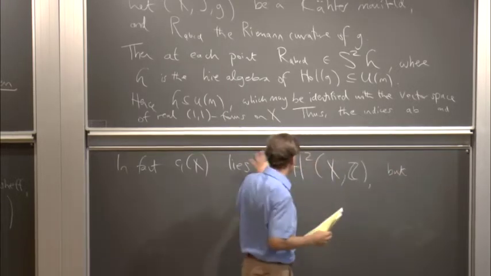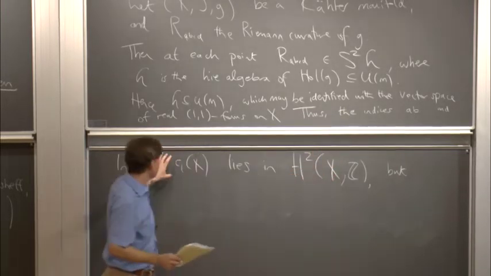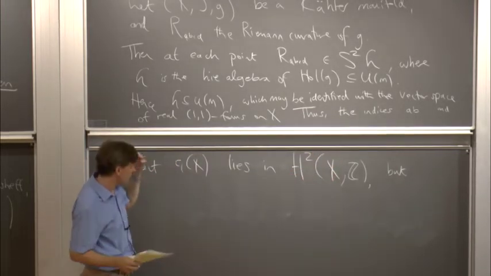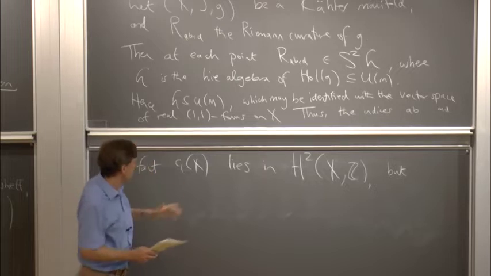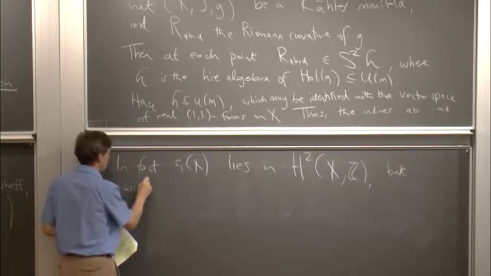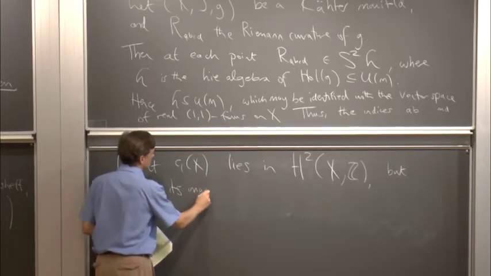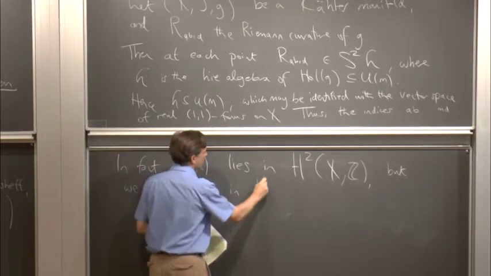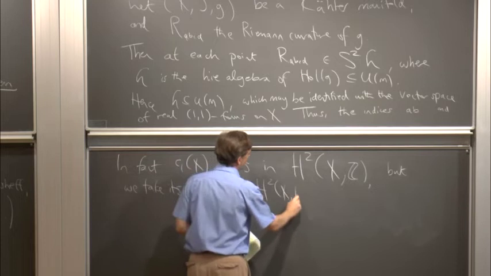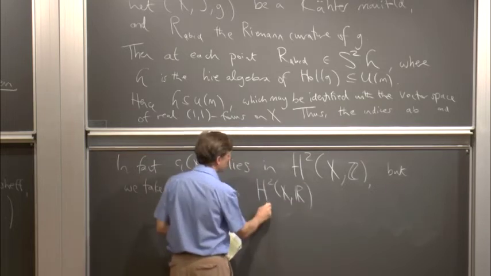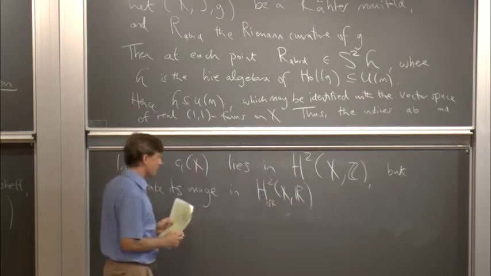So it's really a discrete thing. It doesn't change under deformation, let's say of the complex structure, but we take its image in H^2(X, R), which is the same as H^2 of de Rham cohomology.